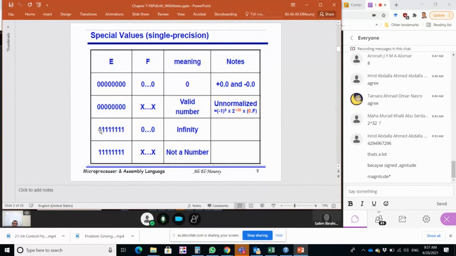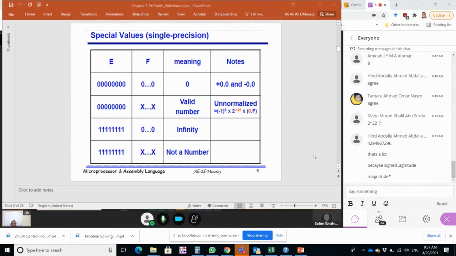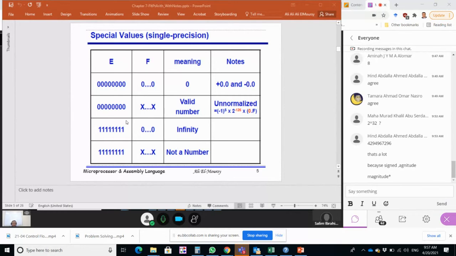The second special case is this one: I can represent in floating point the number infinity. They reserved a combination for infinity. How to represent infinity in floating point? I have to put all the exponent bits to be ones and all the fractional mantissa bits to be zeros.